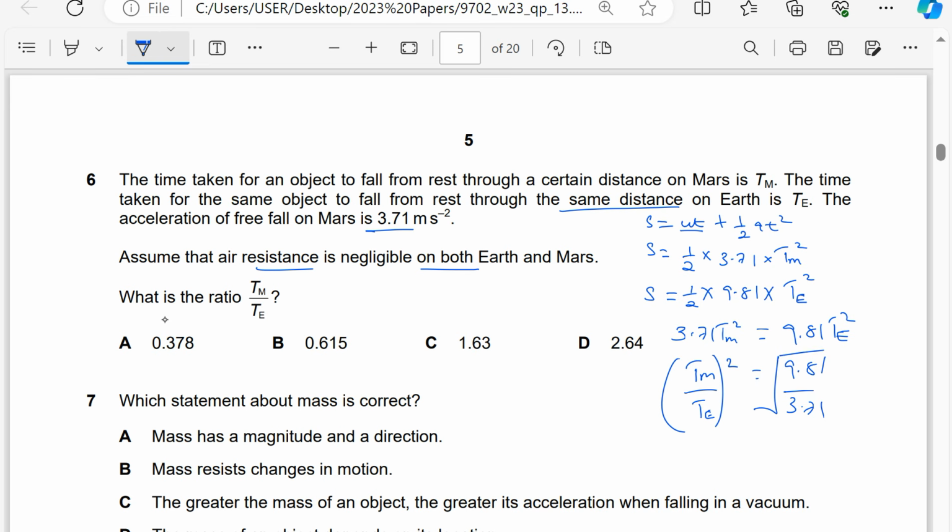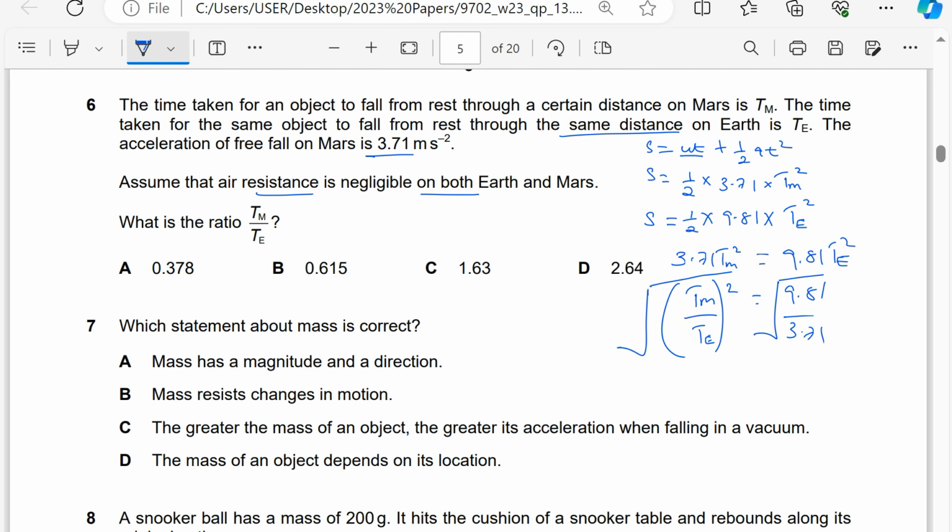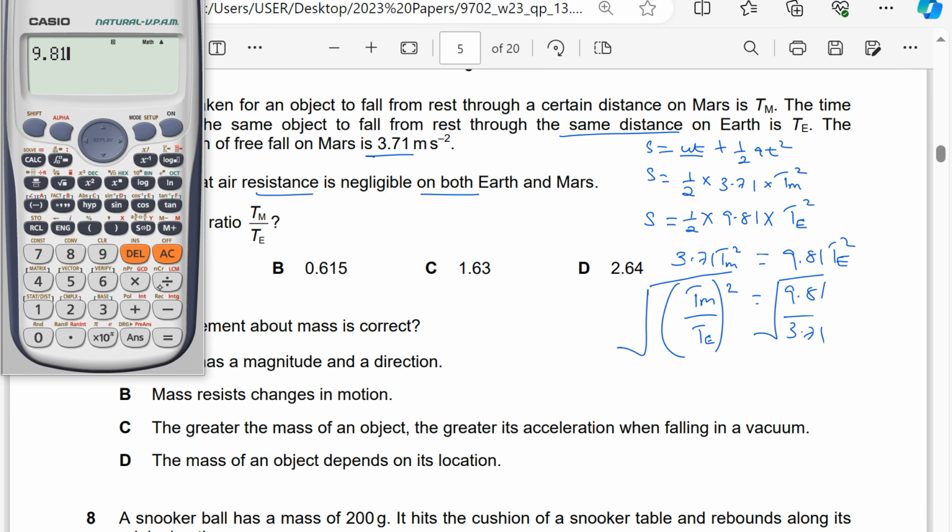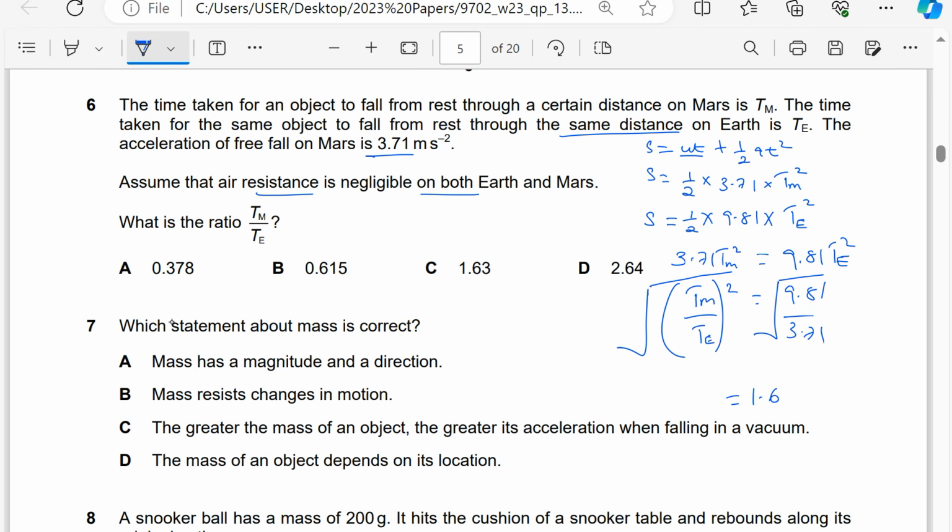Then we find the square root of both sides. So I find 9.81 divided by 3.71, then find the square root of the answer. It's 1.63. So the ratio is 1.63, which makes the answer C.